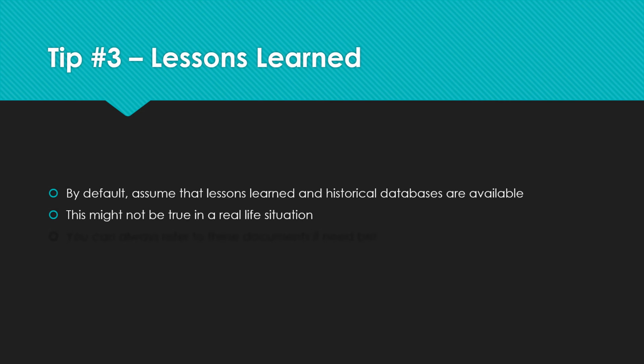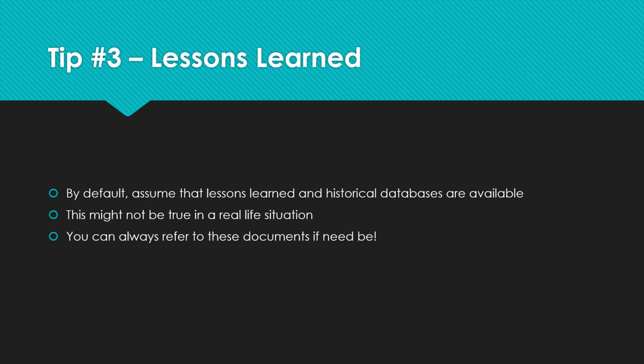So in the ideal scenario, you need to assume that lessons learned are available. For such scenario based questions, keep this concept in mind that the lessons learned are available and then select the right option. Like I said earlier, you can always refer to these documents if need be.